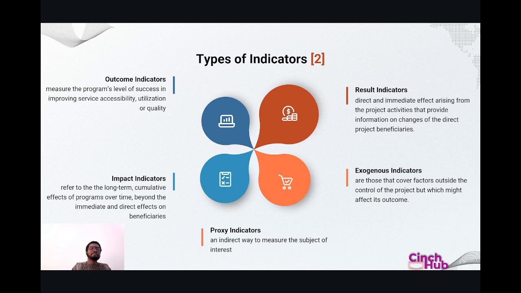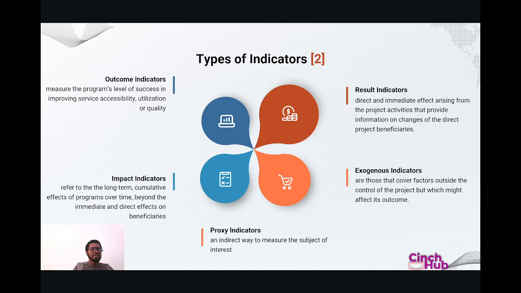You're aiming at reducing the number of out of school children that might fall under the poverty level, so you want to strengthen the economy of that location. You're envisaging such a magnitude of impact.